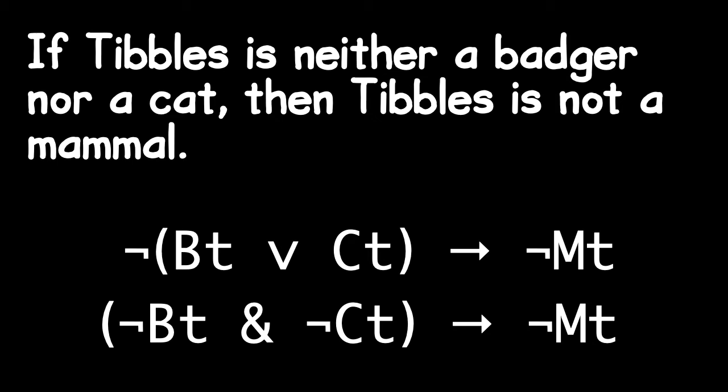Neither-nor has two natural translations, so we might translate this sentence in two different ways. One way is not (Bt or Ct) arrow not Mt. The other is (not Bt and not Ct) arrow not Mt.